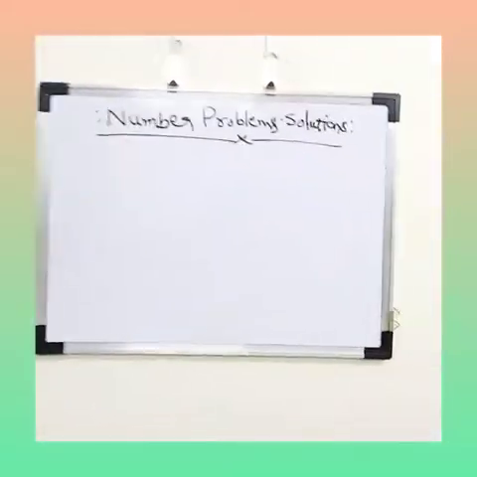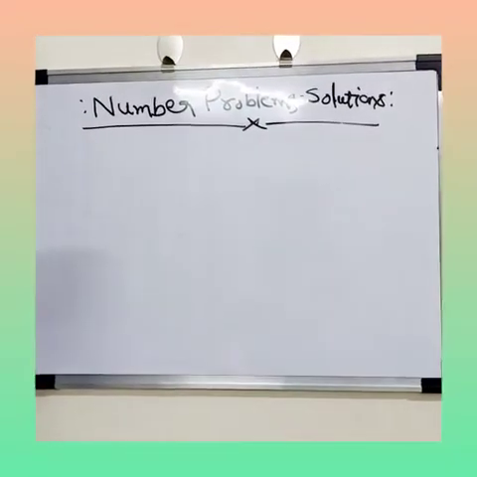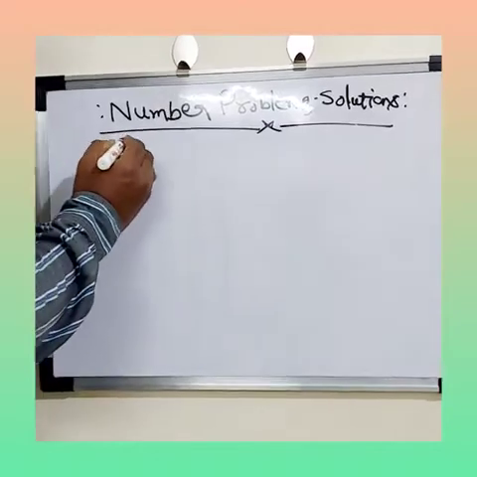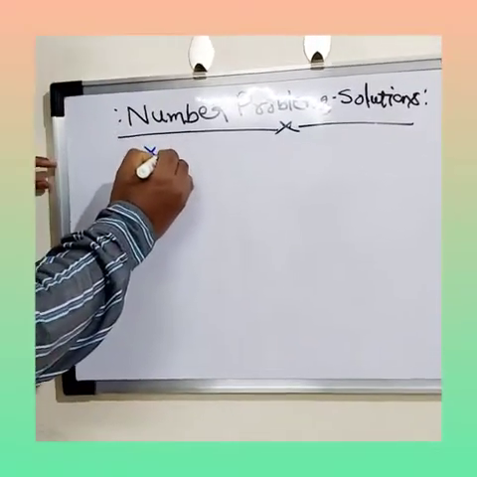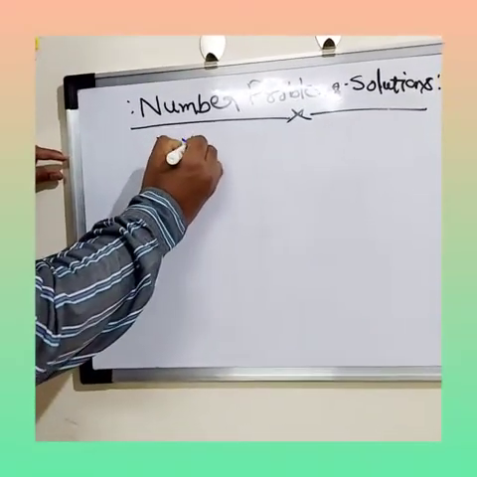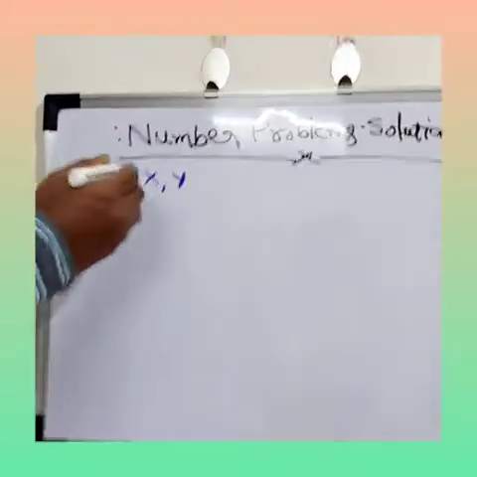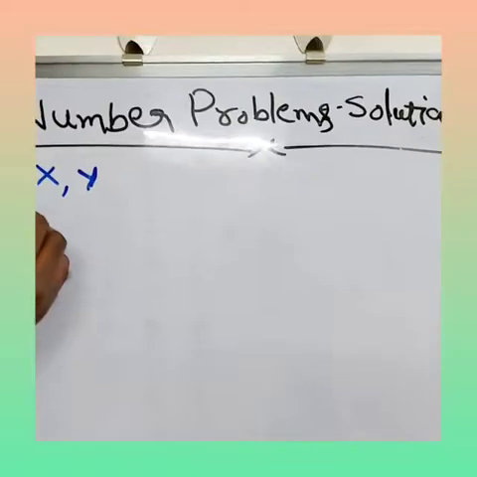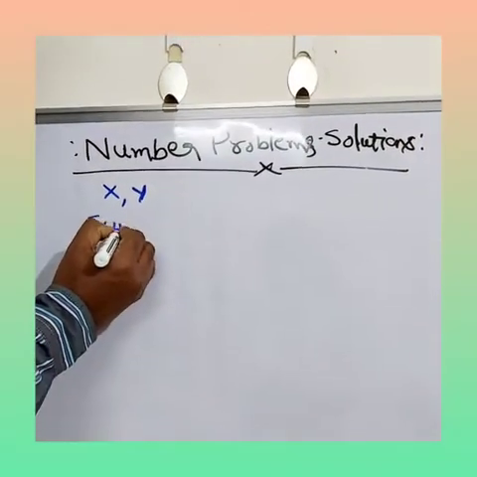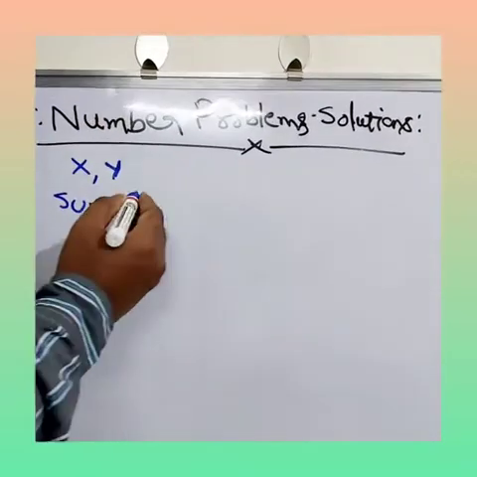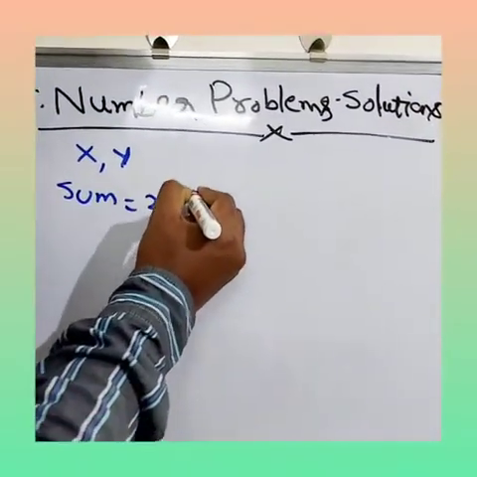Okay, I'll take some sample problems over here. The problem here is that there are two numbers. We don't know the numbers, that is, there are two numbers x and y. The sum of these two numbers is equal to twice their difference.